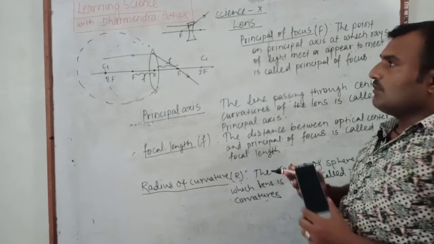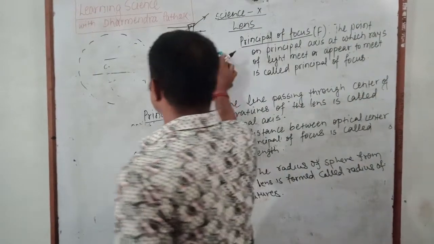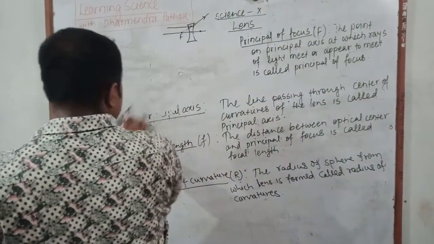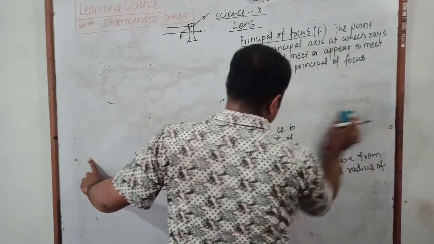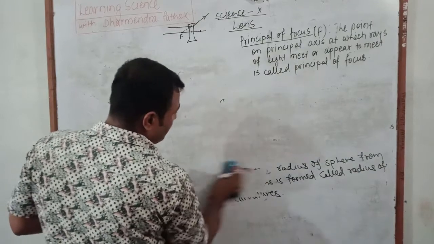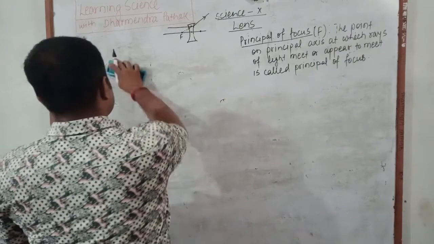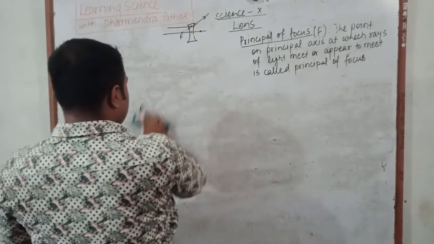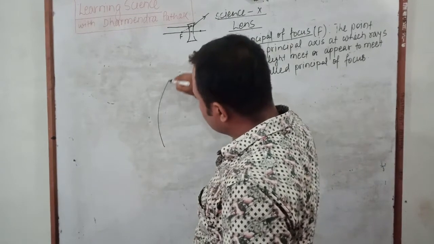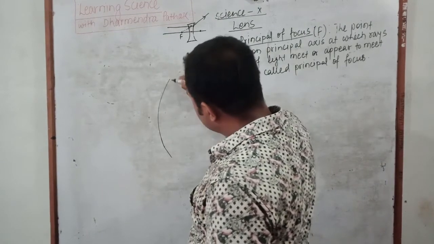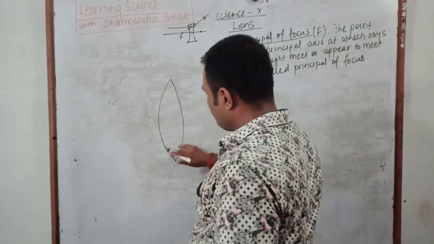And here once more we revise which terms are most essential to know about the different terminology related to lens. At first we draw a simple diagram of lens, and then we find its different terms. With the help of a compass, firstly we draw a lens, convex lens or concave lens.